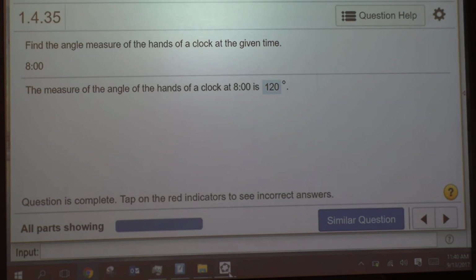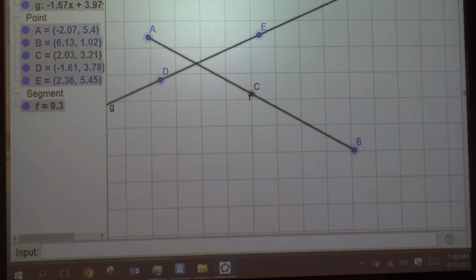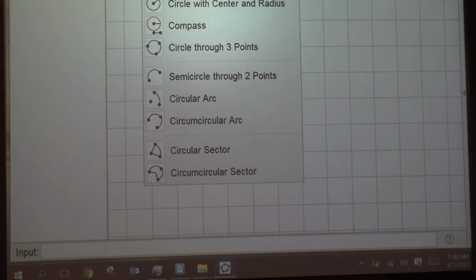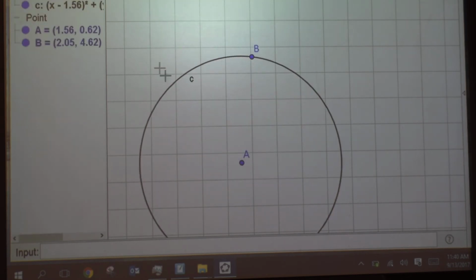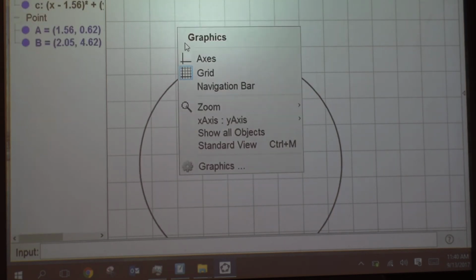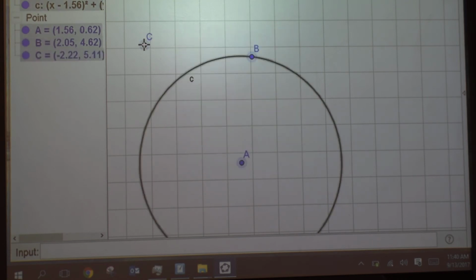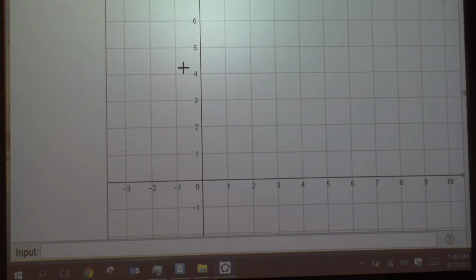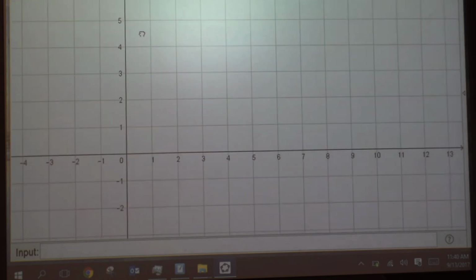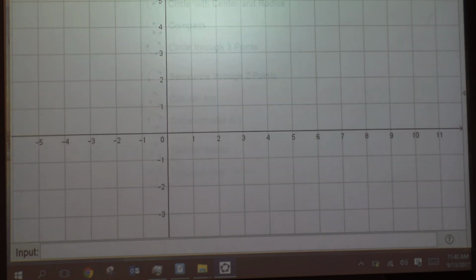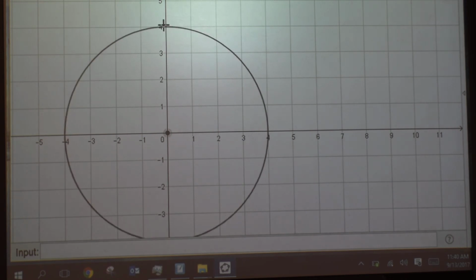So I'm going to go to GeoGebra again. Let's go. We've got our clock, right? Okay. Let's do it this way. All right, so that's our clock, right?